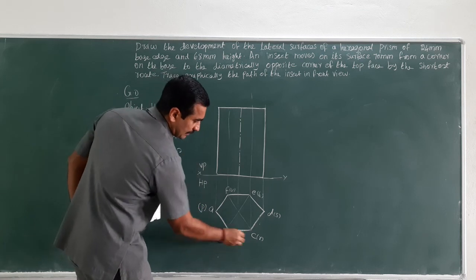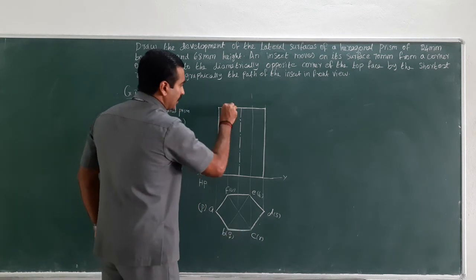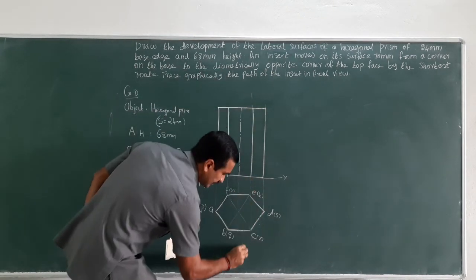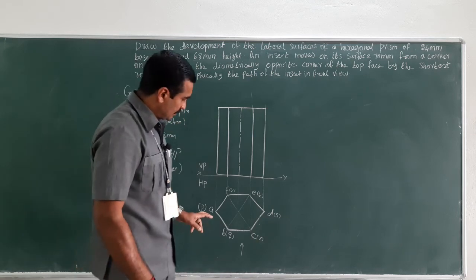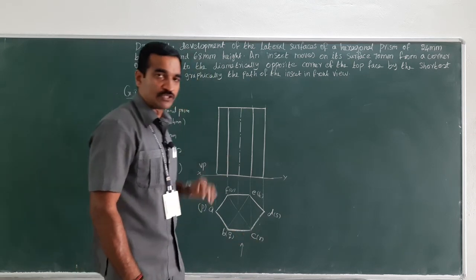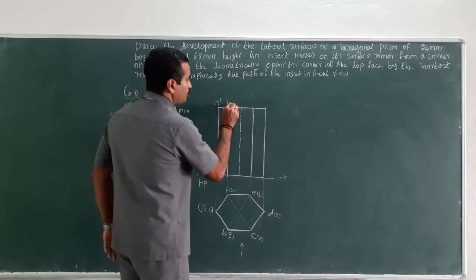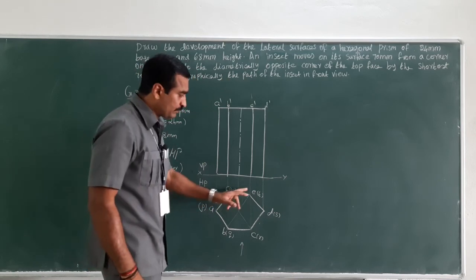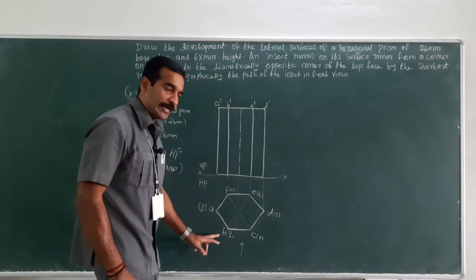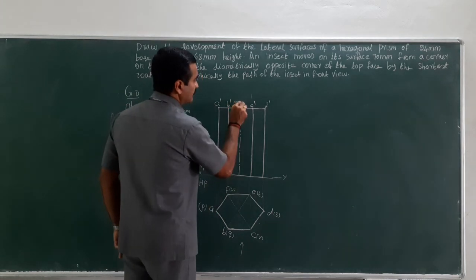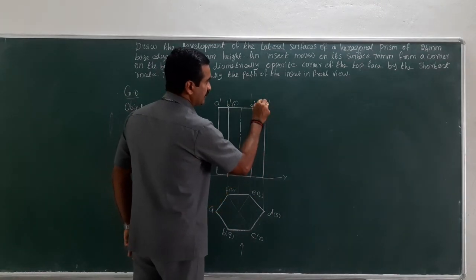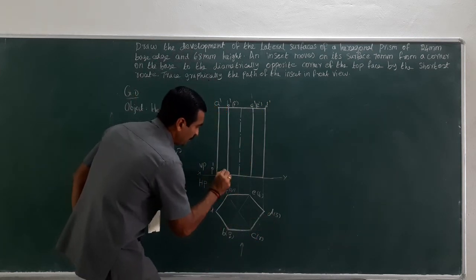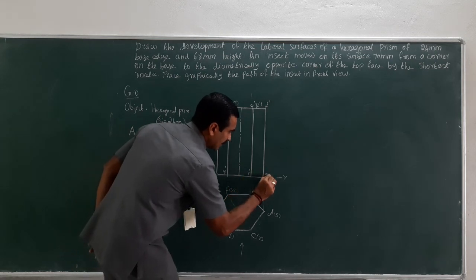When you look at from here, these two longer edges are visible, so just draw them dark. Now look here, what points are visible? A, B, C, D are visible in the top face, so A dash, B dash, C dash, D dash are visible. E and F are invisible because E is right behind C and F is right behind B. Similarly for the bottom base, P, Q, R, S are visible.